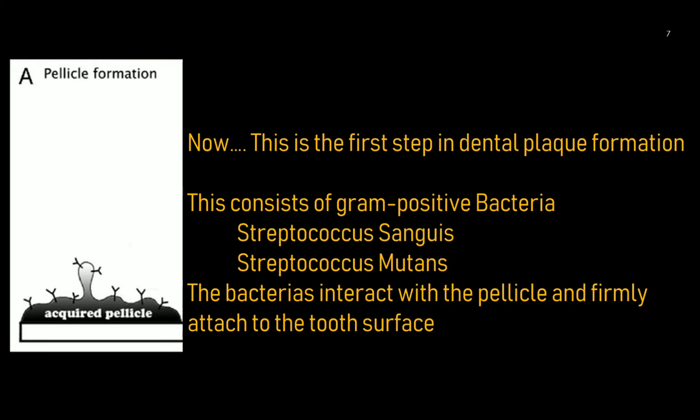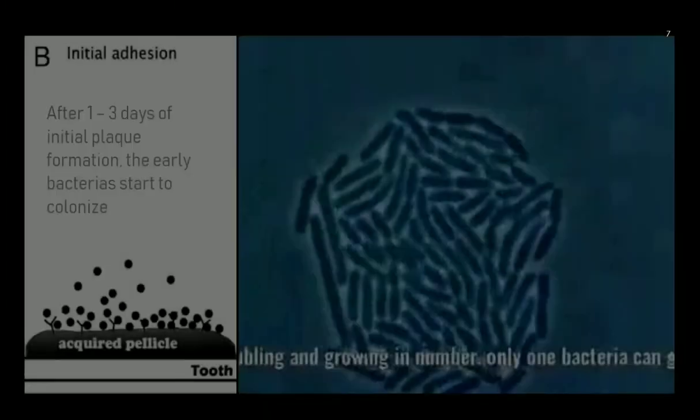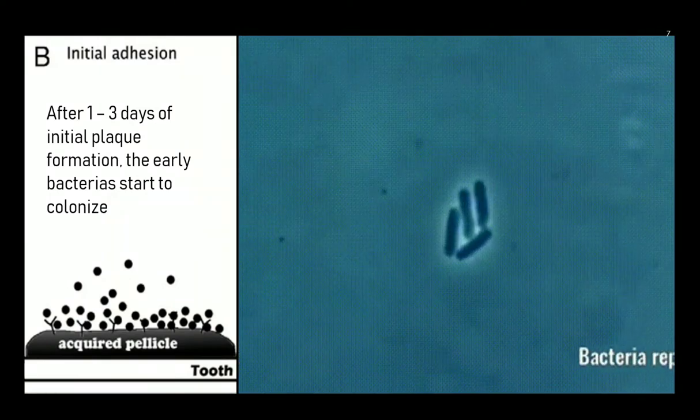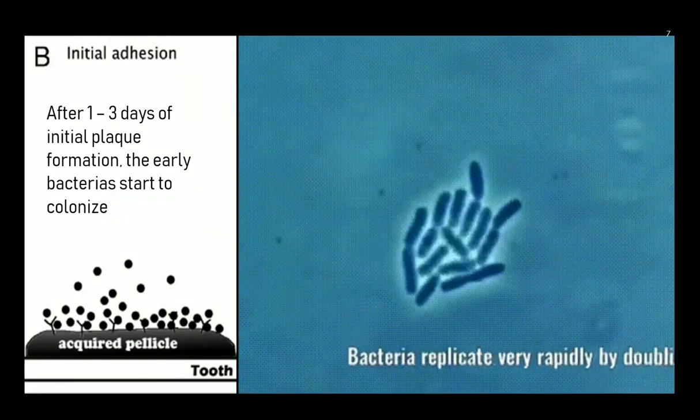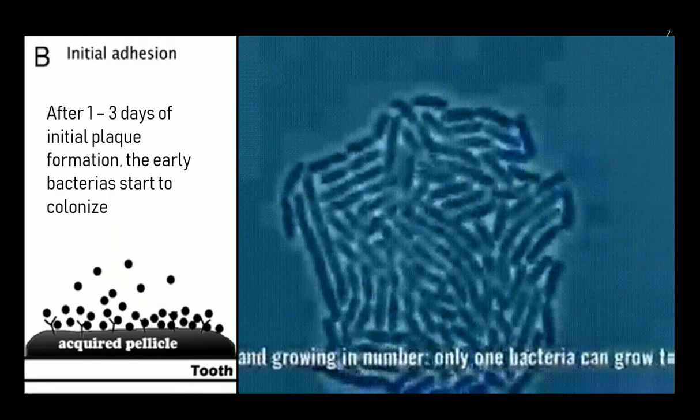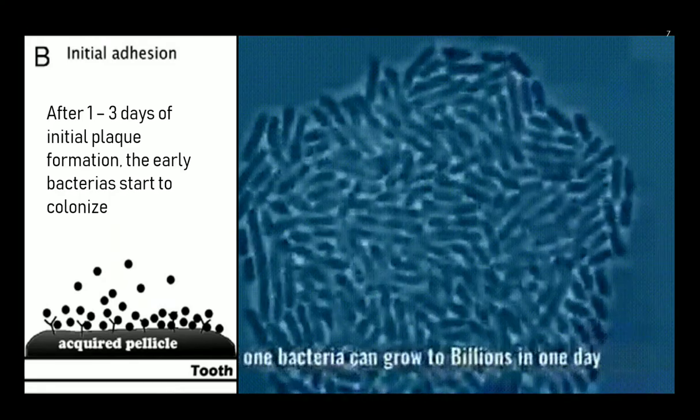This is the first step in dental plaque formation, which consists of gram-positive bacteria, that is Streptococcus aureus, mutans, viridans, and then it starts growing. One bacterium can grow up to 1 billion in a day itself, and they start colonizing that area.